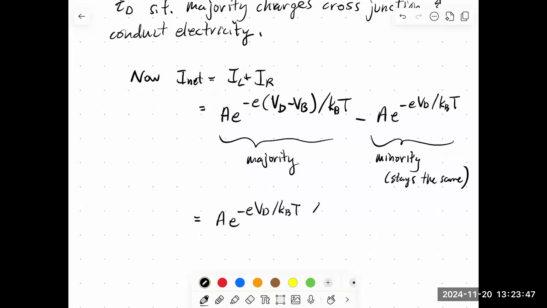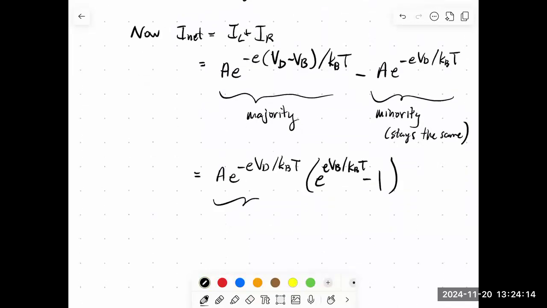That's the common factor. Then we have a -1 for the minority charge carriers. And what's going to be left for the majority ones? It's plus EVB over KVT, minus 1.